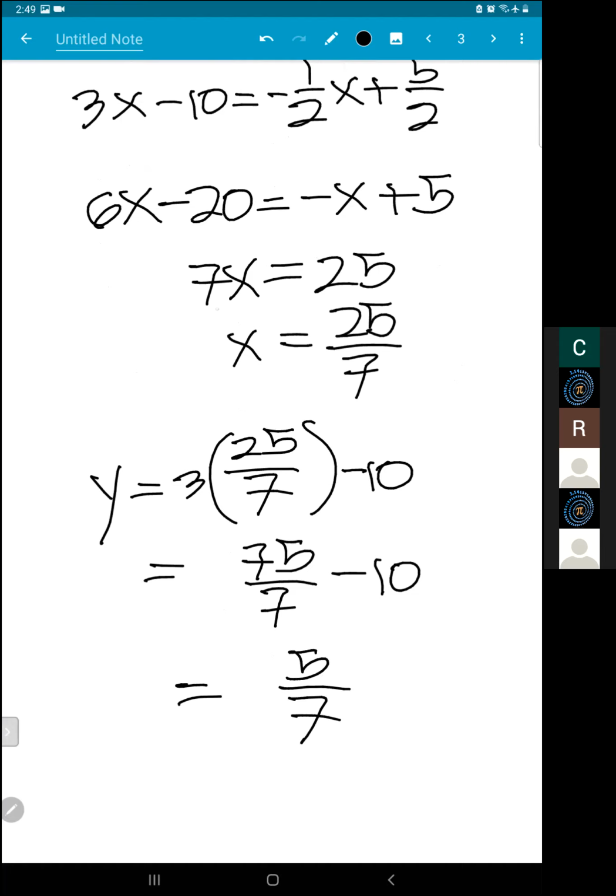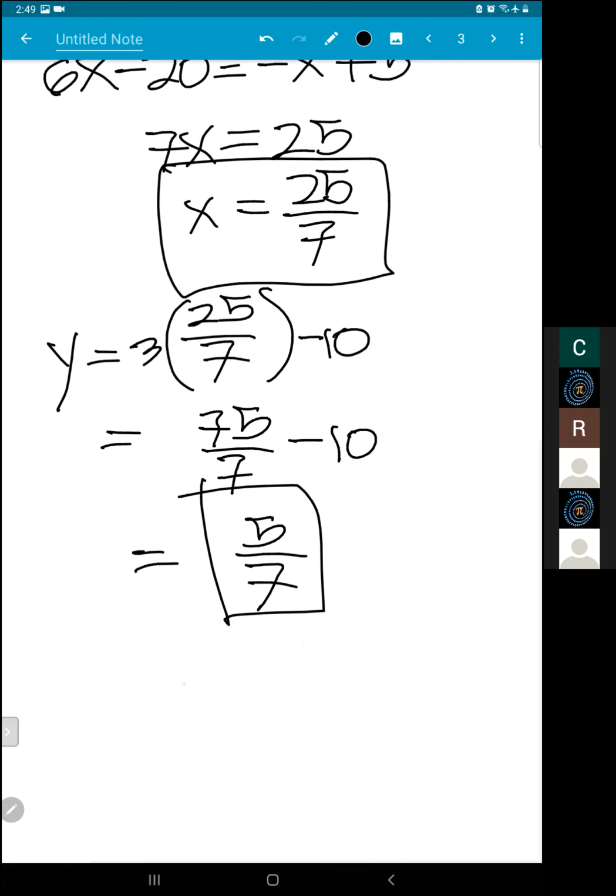Okay. So the center has coordinates 25/7, 5/7.